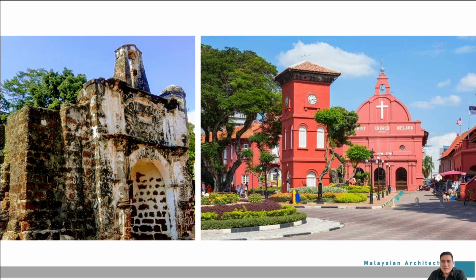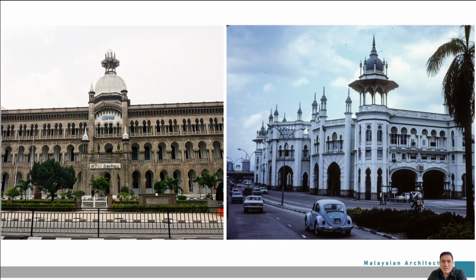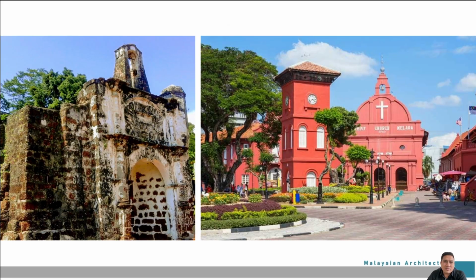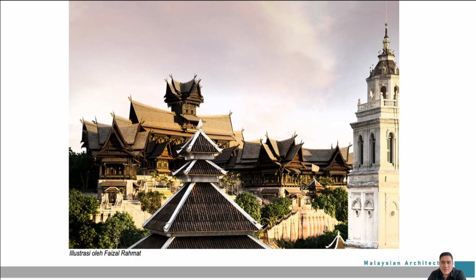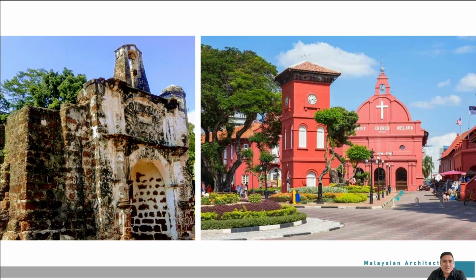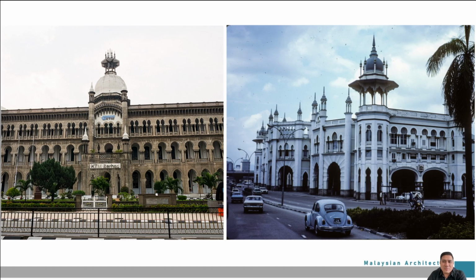Okay, so this is another example. As you can see in this image, this is the Kuala Lumpur railway station. Why was it not constructed using the Malay traditional architecture language? Why did it have to be designed by adapting the influence from a foreign language?